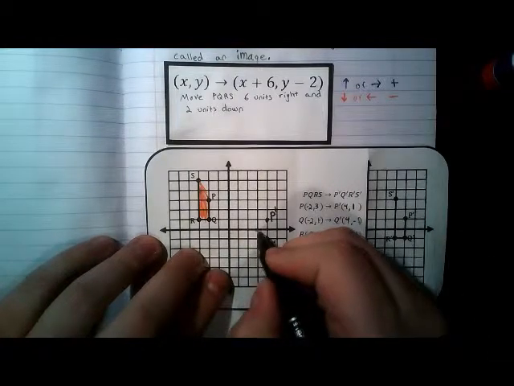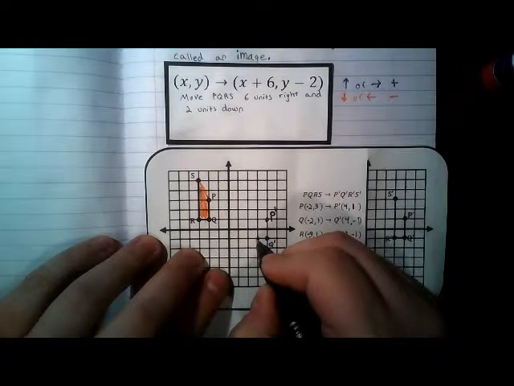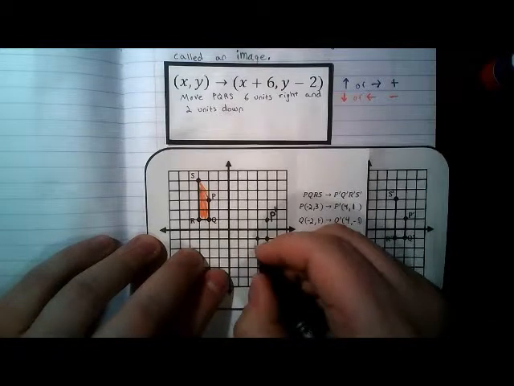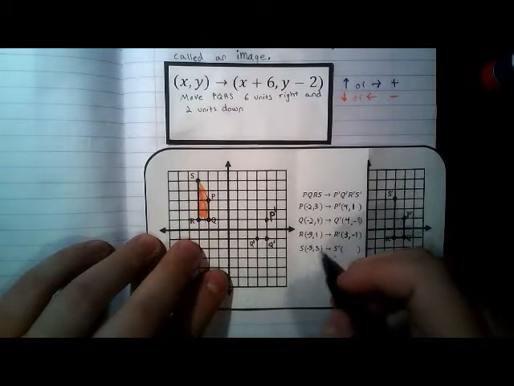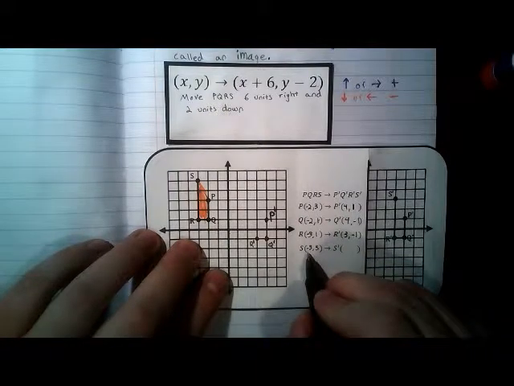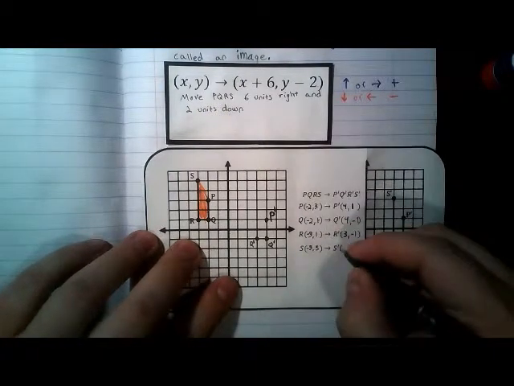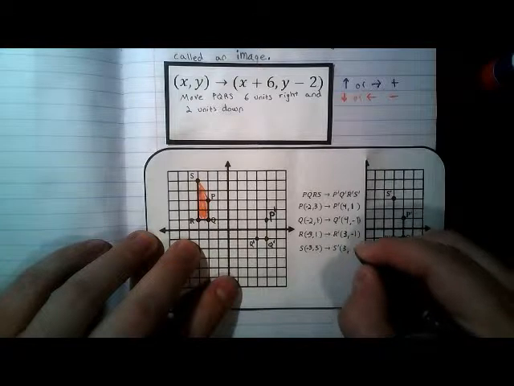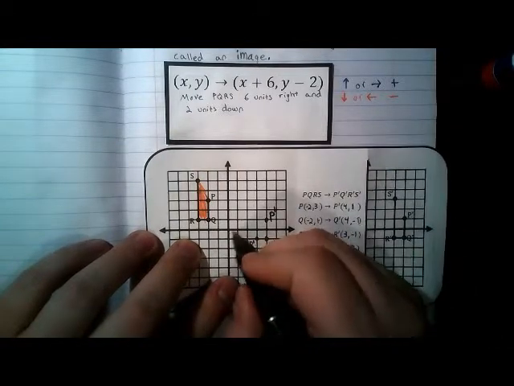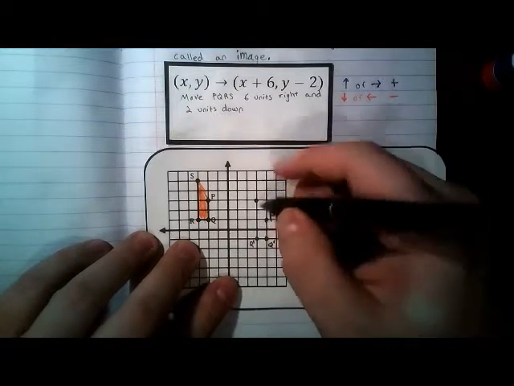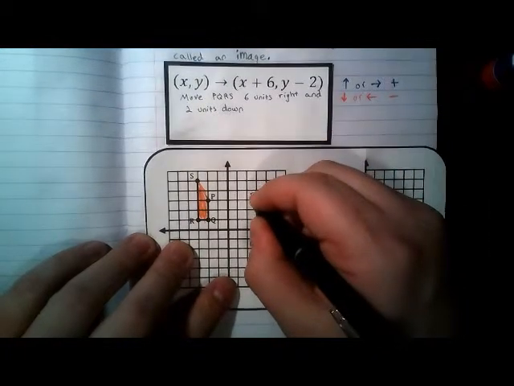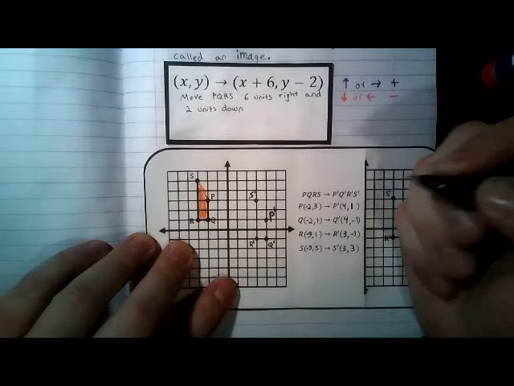So that's 3, -1. And that is R prime. And finally, S, which is at -3, 5, would go to 3, 3. And this would be my new S, or S prime.